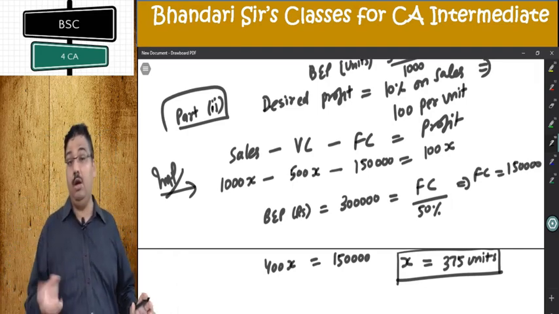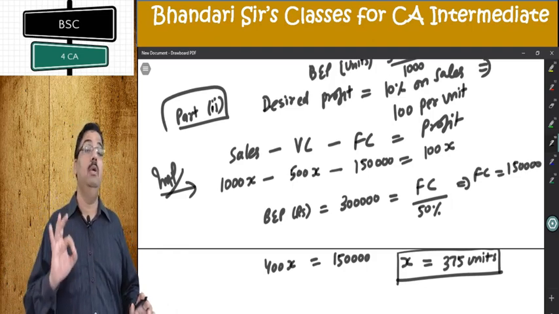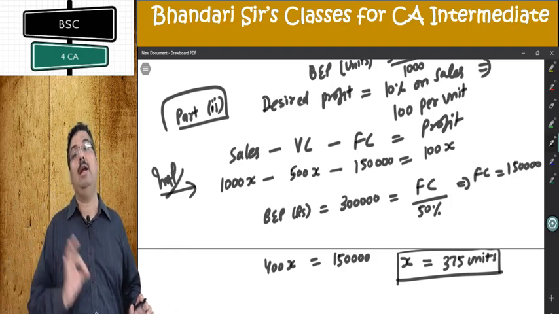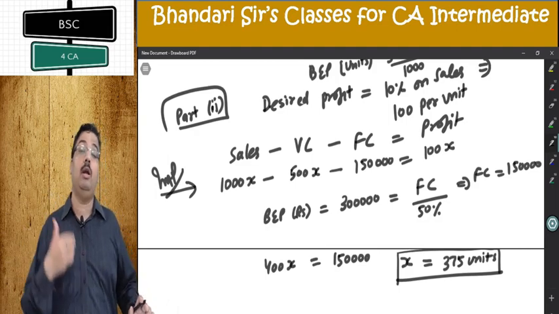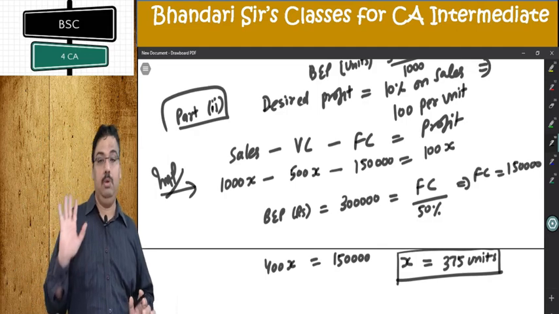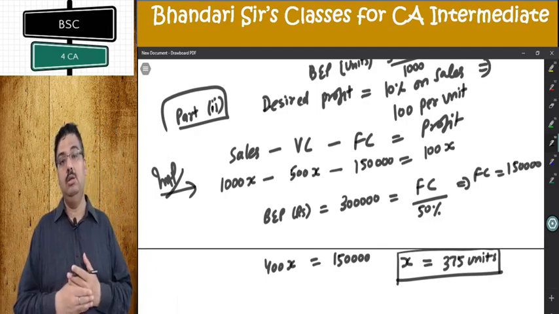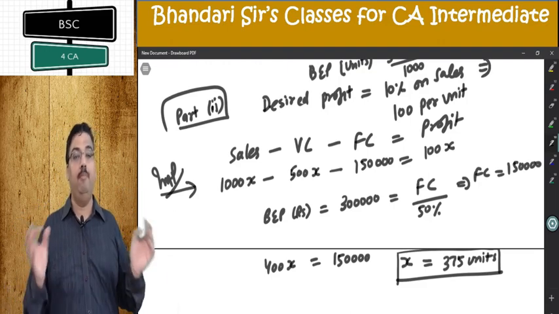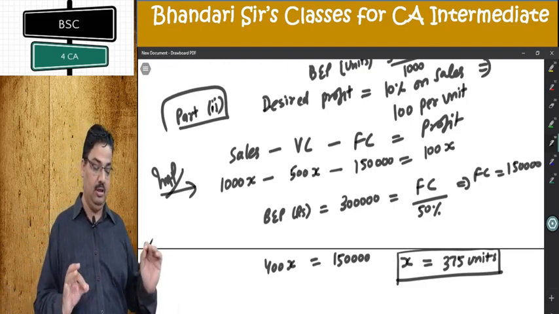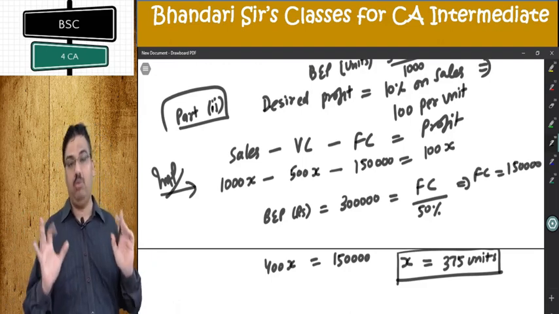If the answer is different, you are doing something fundamentally incorrect. You have some error in your solving if you are getting an alternative answer. Alternative way of doing is acceptable. Alternative answer is not possible. So make sure, this is one of the easier ways that I am using. Still you can use an alternative way, but the answer will be the same, 375 units. This was complete A23.